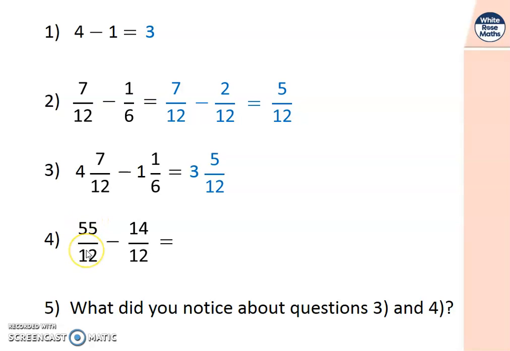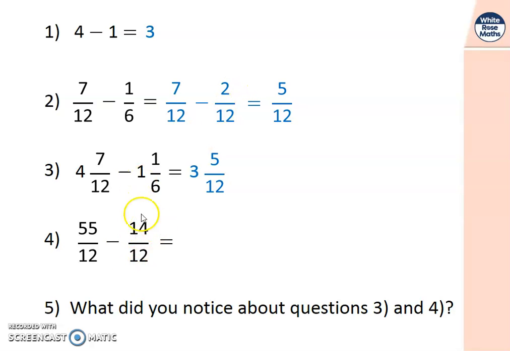How have we got 55/12? Well, 4 times 12 is 48, and 48 add 7 is 55. So 4 and 7/12 is the same as 55/12. 1 and 1/6, remember that 1/6 changed to 2/12. So 1 times 12 is 12, add 2 is 14.